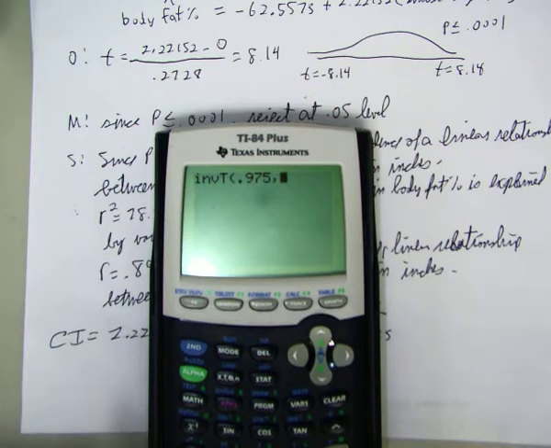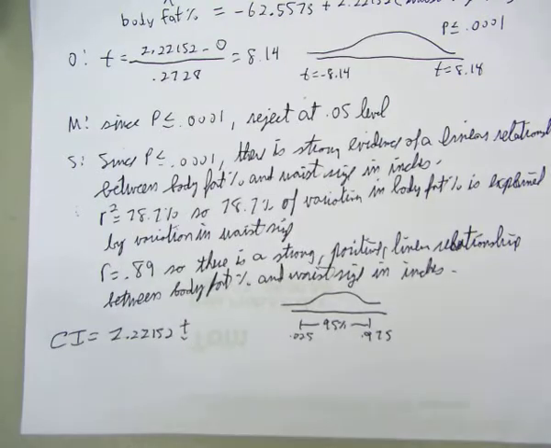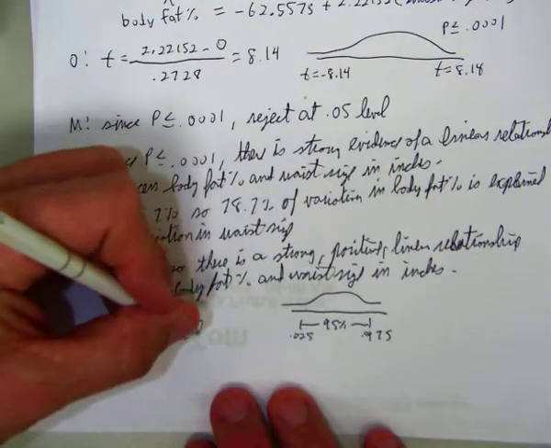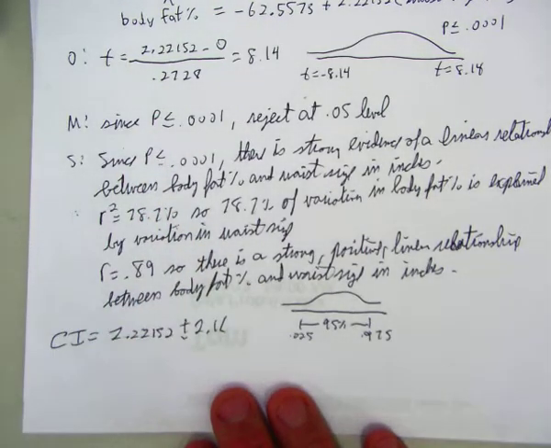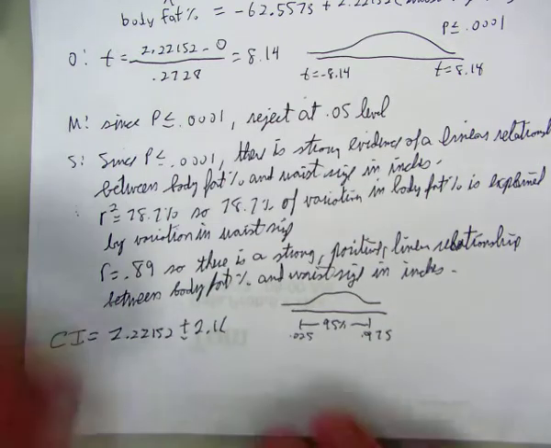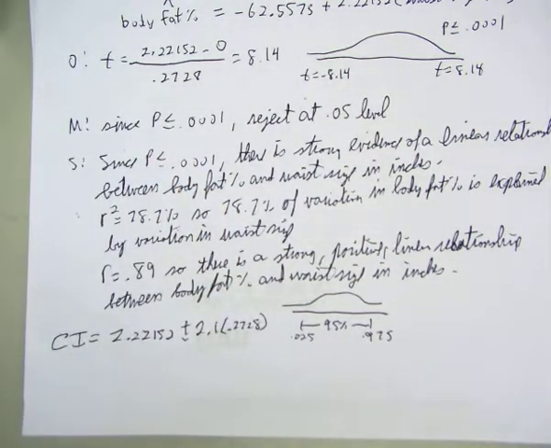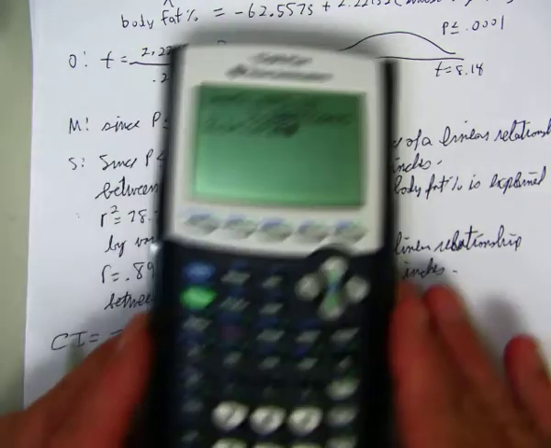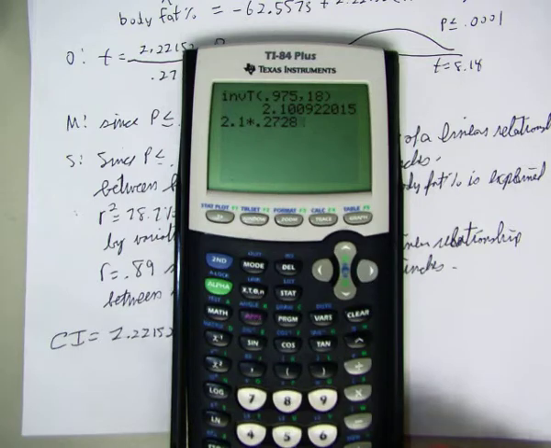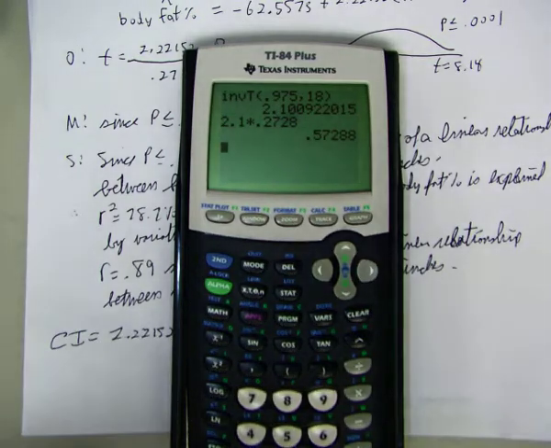Degrees of freedom here is 18. So we got 2.1, right? Okay, so 2.1 times the standard error, and the standard error here is 0.2728. And so we're going to do 2.1 times 0.2728. Put that up for you. And you get, what, 0.573.